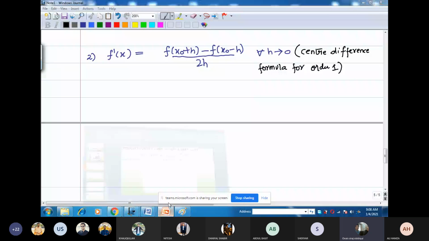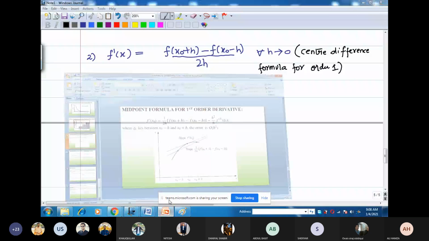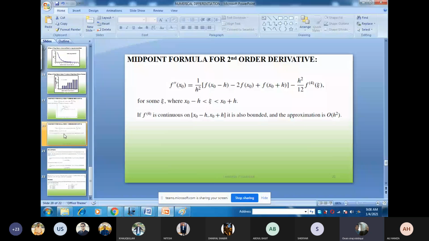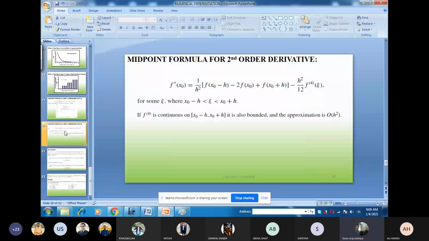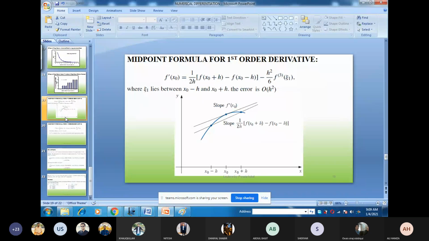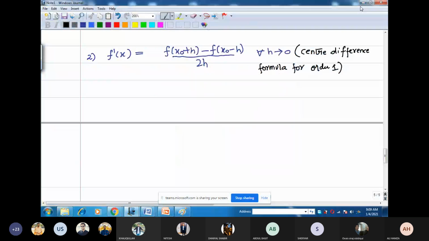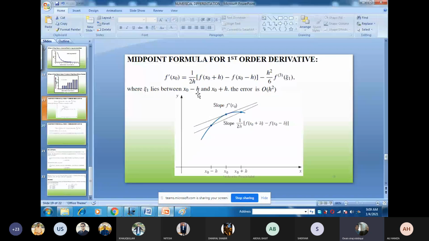And an example for this, minus h square over 6. So I will also write its error bound, where eta lies between x naught minus h and x naught plus h.